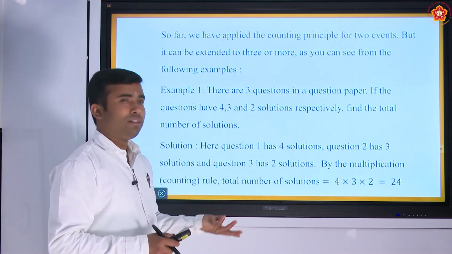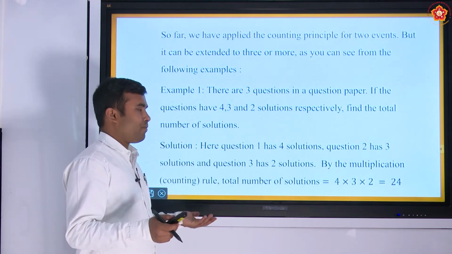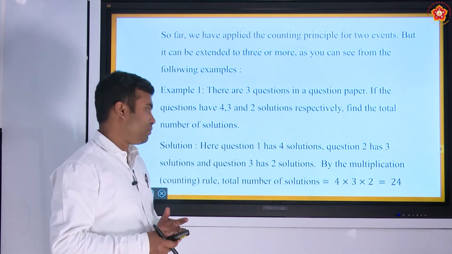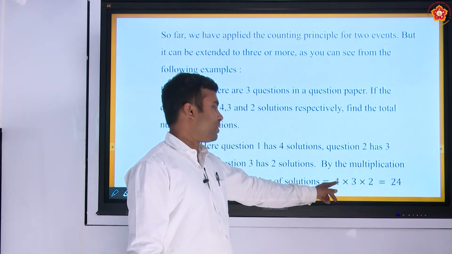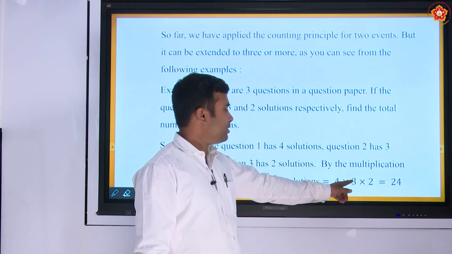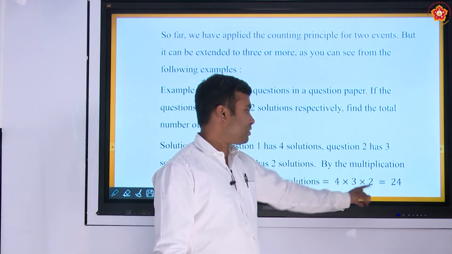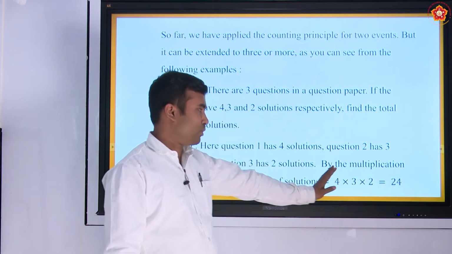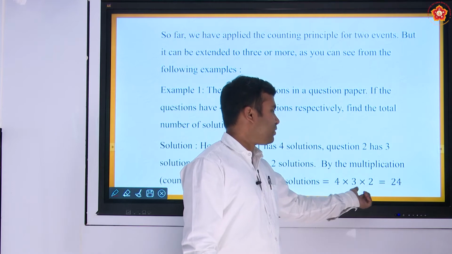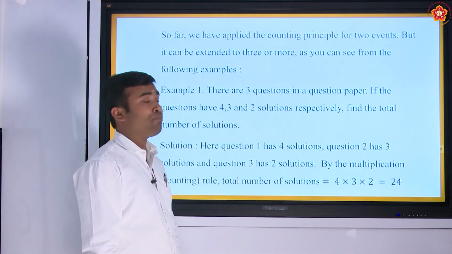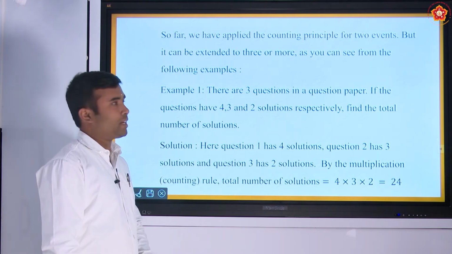By the multiplication rule, the total number of solutions will be 4 into 3 into 2, that is 24. 4 threes are 12, 12 twos are 24. There will be 24 solutions.